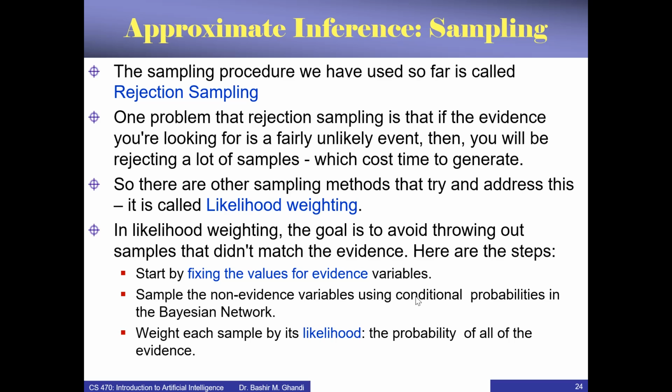And also weight each sample by its likelihood, the probability of all the evidence. This is the additional thing that we have to do. We have to weight each sample by its likelihood. This is why it is called likelihood weighting.